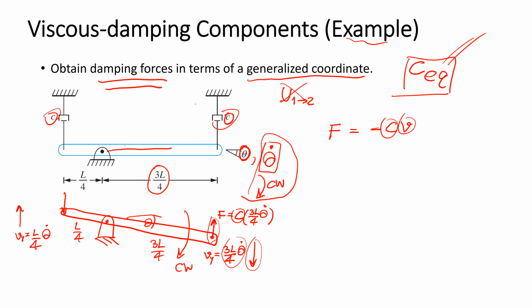If the velocity goes upward, the force generated by the damper should be in the opposite direction, downward, and the magnitude is C multiplied by the velocity, L/4 theta dot, just like this.